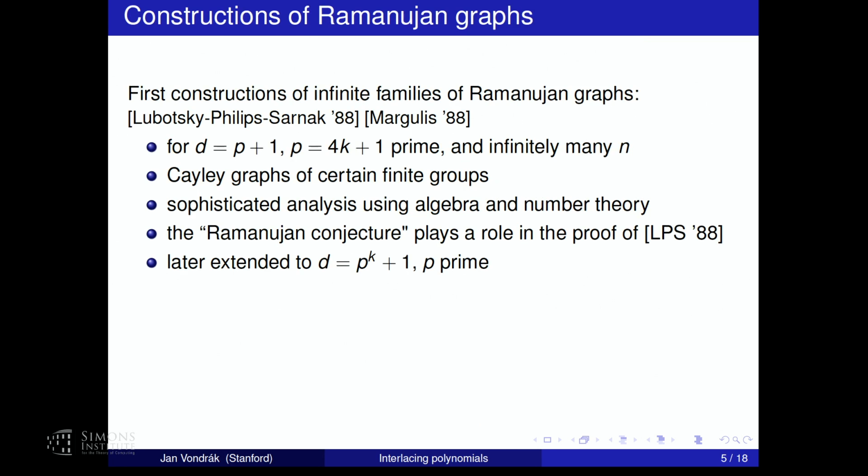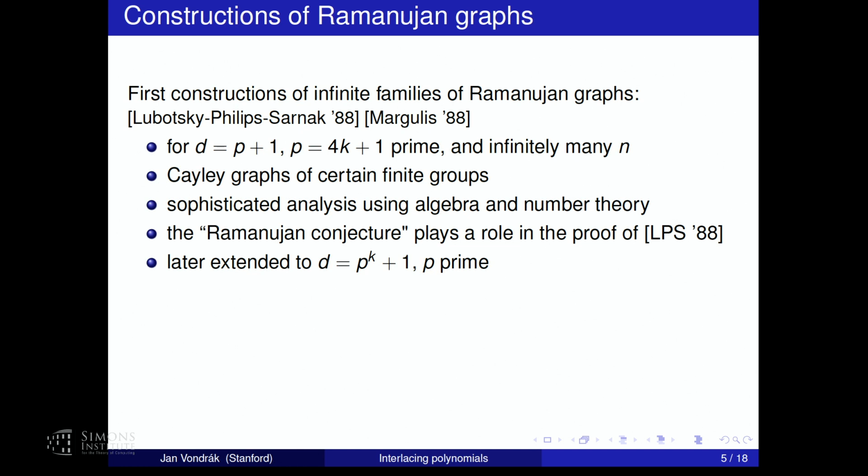And they exist, and the first constructions of such graphs, you have probably heard about them, were very famous results and also very difficult results. These were 2 independent works by Lubotzky, Phillips, and Sarnak, and Margulis, and they both constructed infinite families of Ramanujan graphs where all the non-trivial eigenvalues are bounded by 2 square root d minus 1, and the degree is of the form some prime plus 1.